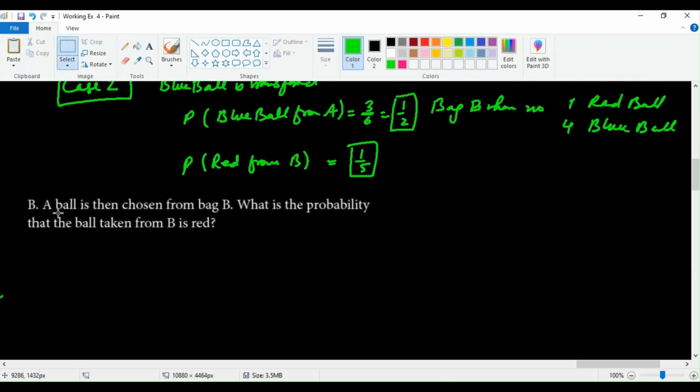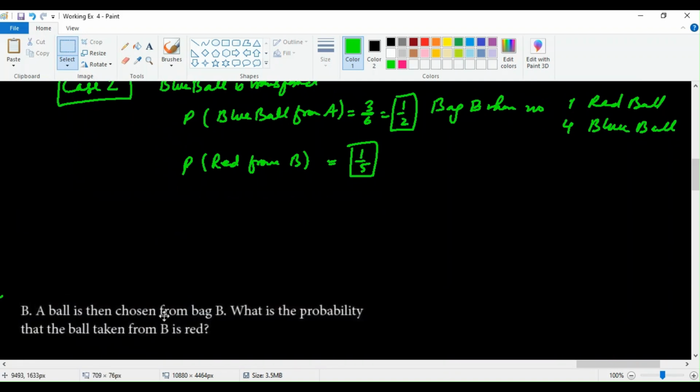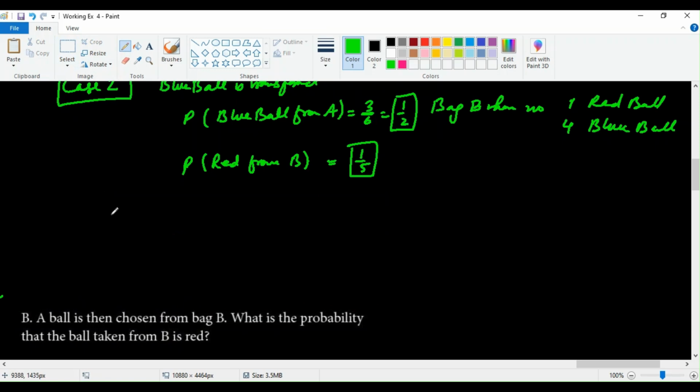Now adding all the possibilities. So we know possibility of red from bag B is 1 over 5 plus 1 over 10, which is going to be 2 over 10 plus 1 over 10.